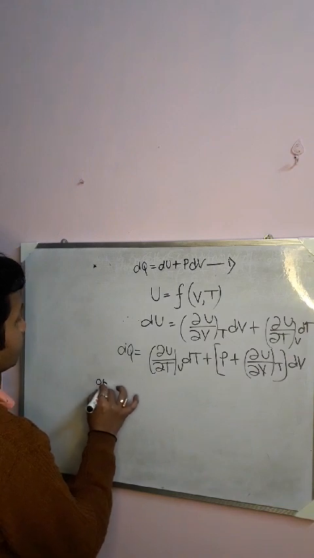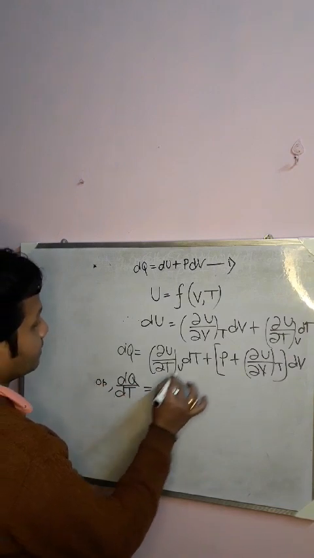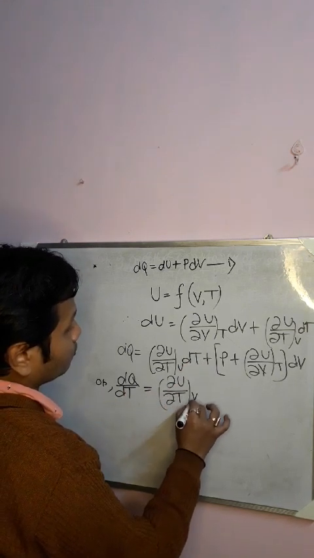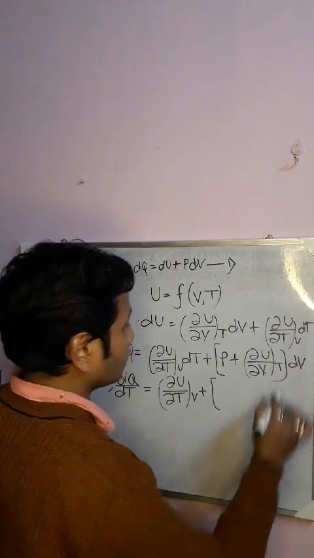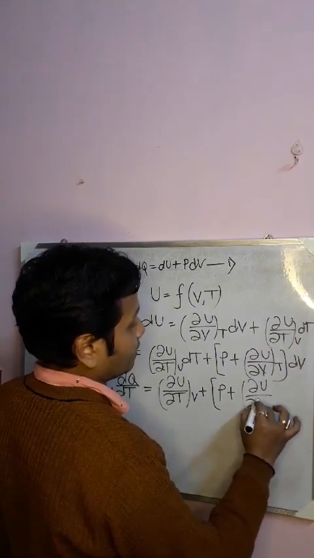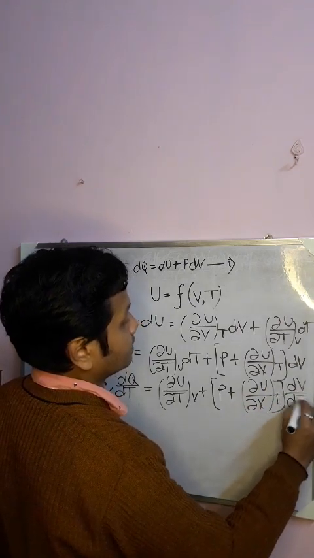So divide this equation by dT, then this cancels. So (del U/del T) at constant V, and what would become dV/dT: [P plus (del U/del V) at constant T] dV/dT.